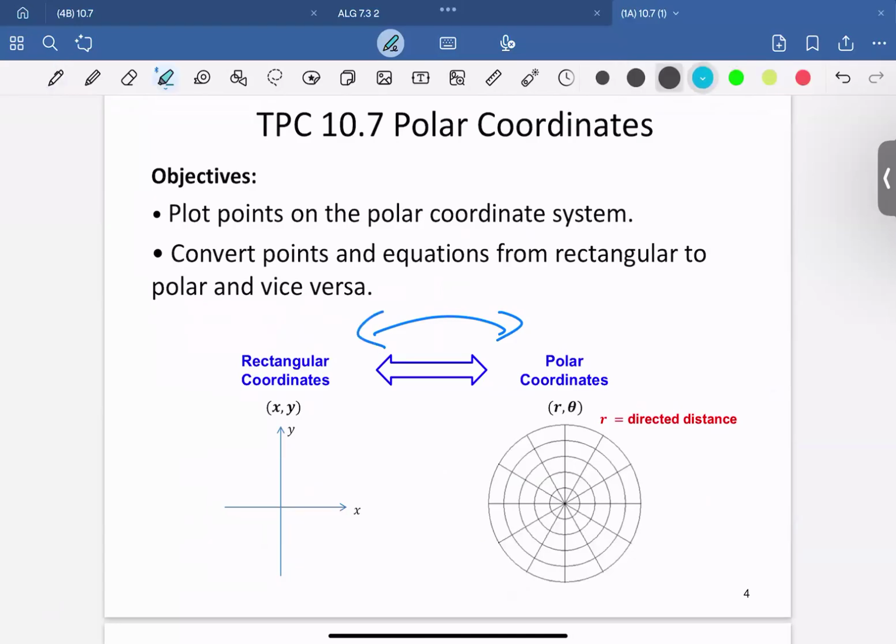So we're going to take rectangular coordinates, and then we're going to flip-flop between those and polar coordinates. So remember, rectangular is just x and y. This is what we've seen all our lives. Polar coordinates, however, are going to be r, which stands for directed distance, comma theta. That's going to be how we find our points in polar coordinates.